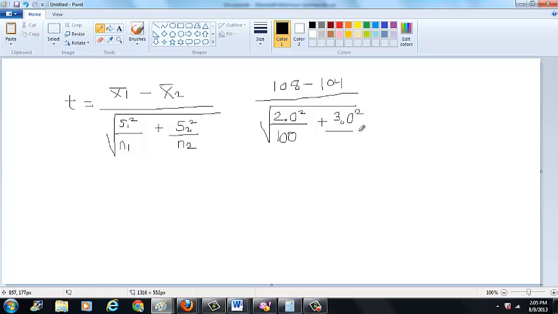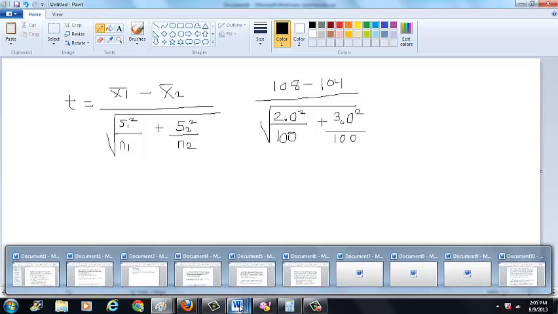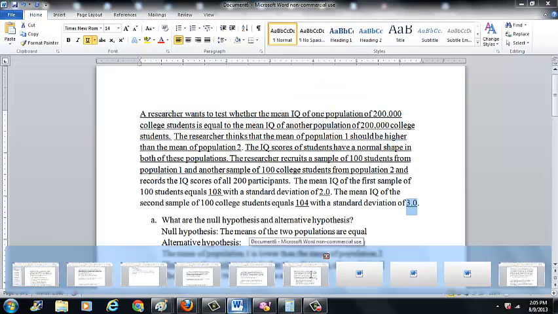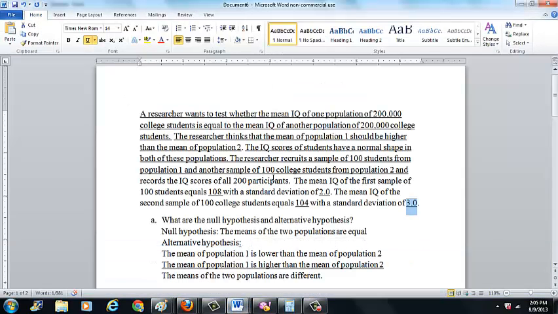Three squared over the number of people in sample 2, which is 100, because 100 students were selected from population 2.